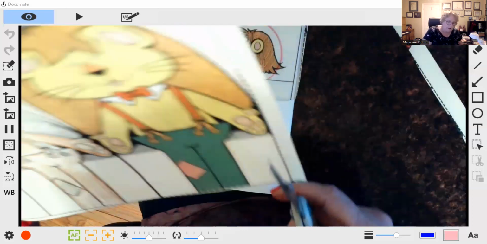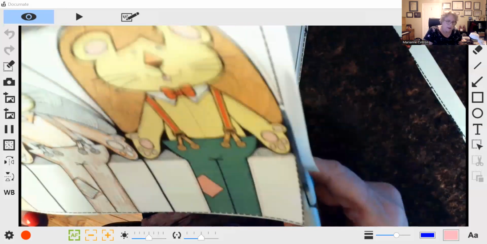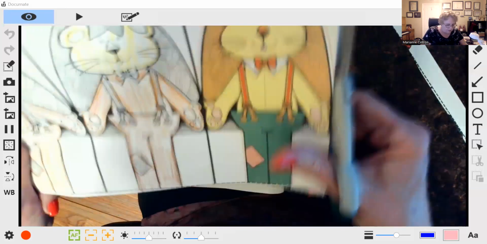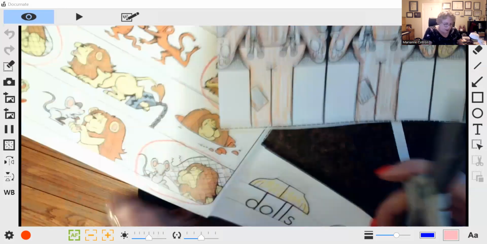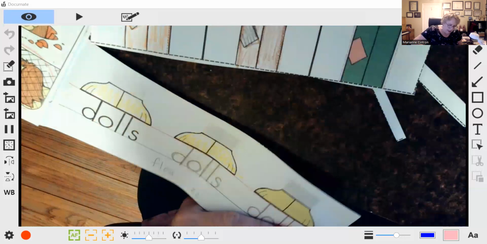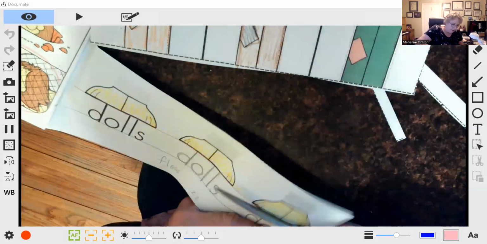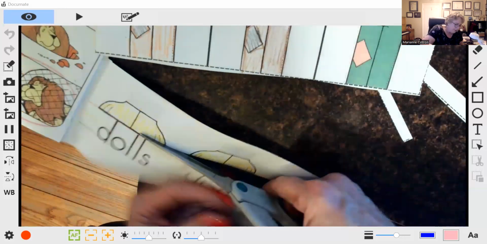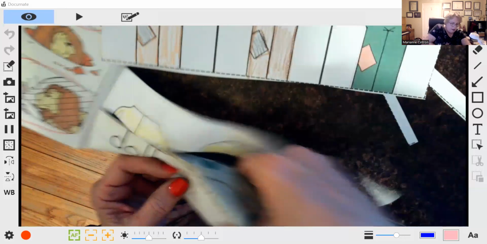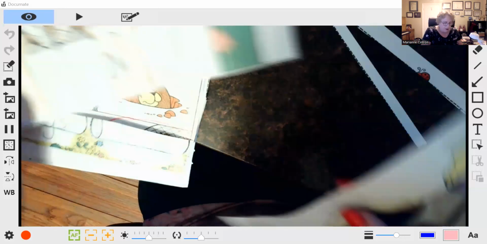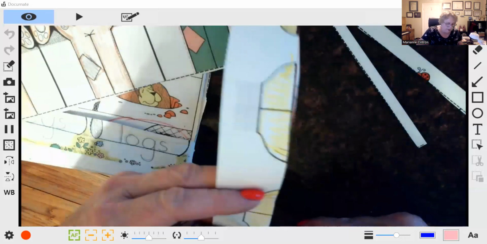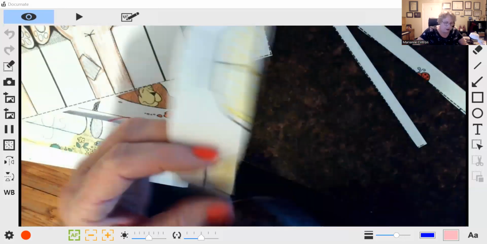And 3 dolls. Now this is interesting. I'm going to cut out the legs. There's no dotted line here, but you might know what to do when we have paper dolls.